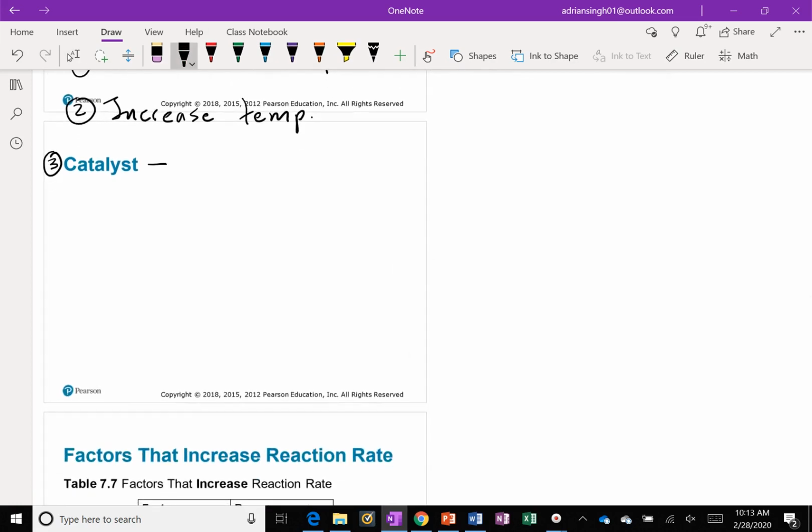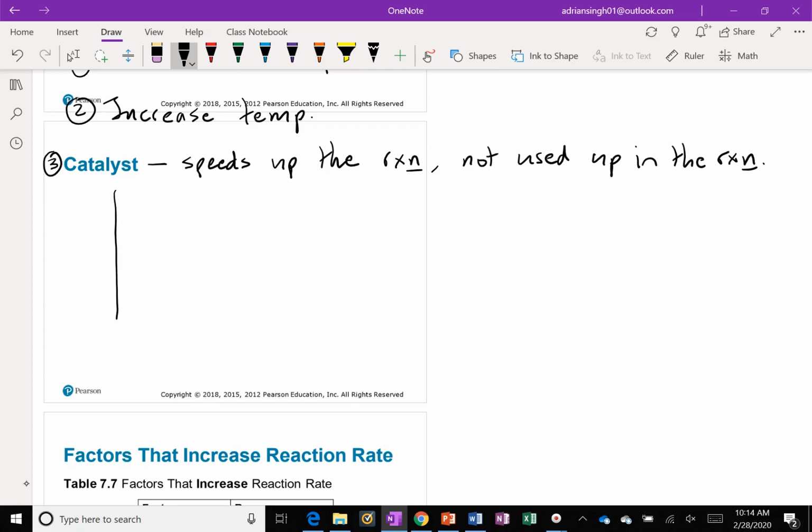What a catalyst does is speed up the chemical reaction. But the other important aspect of it is that it is not used up. In other words, a catalyst is there at the beginning, and it's also there at the end.